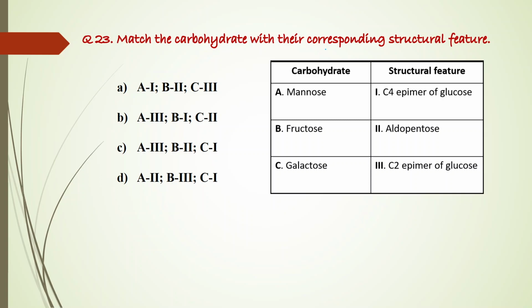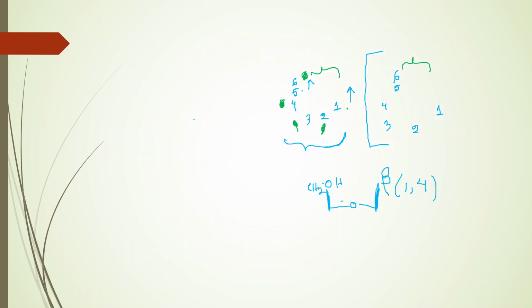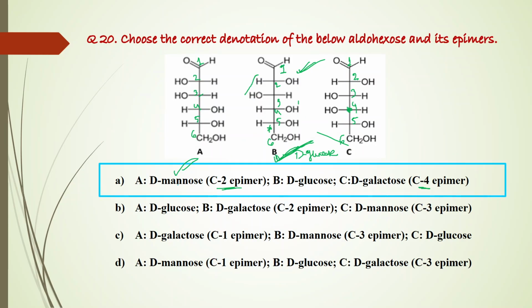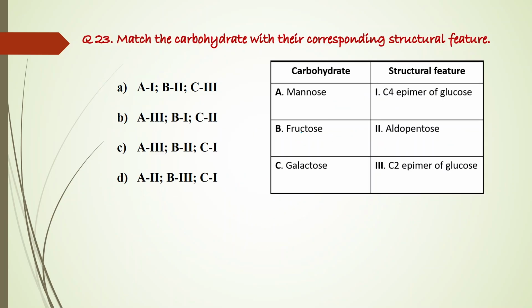Just 2 slides back we discussed that D-mannose was a C2 epimer of D-glucose and D-galactose was a C4 epimer of D-glucose. So mannose is nothing but a C2 epimer of glucose and galactose is a C4 epimer of glucose.